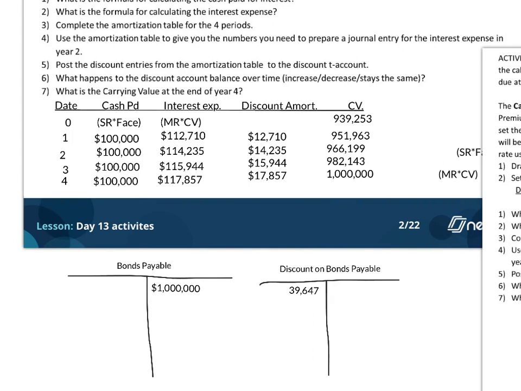Now I take all that discount amortization and copy it down to this T account.